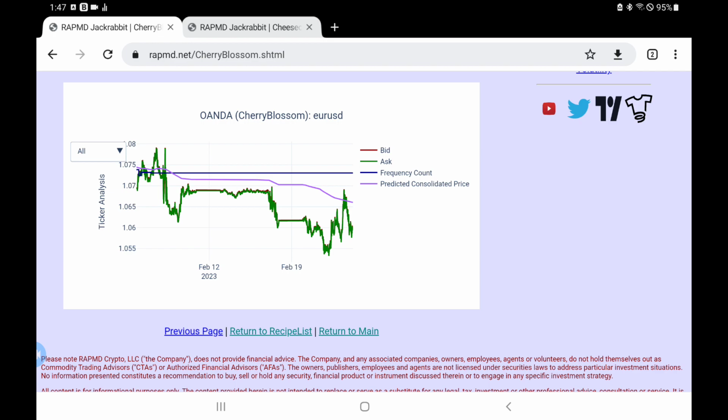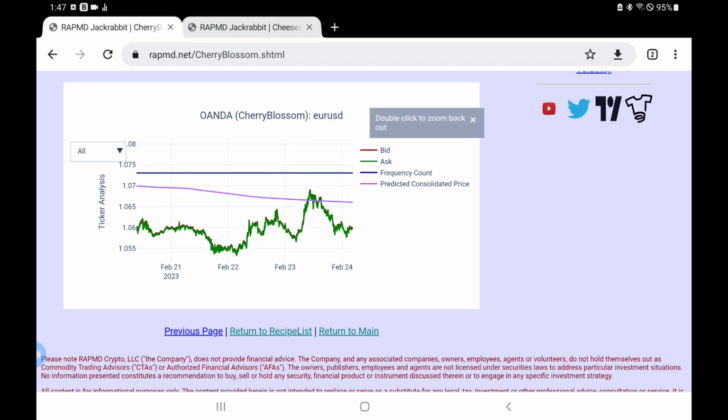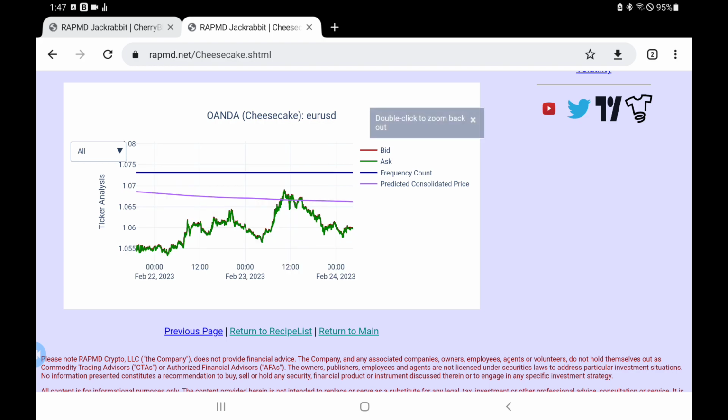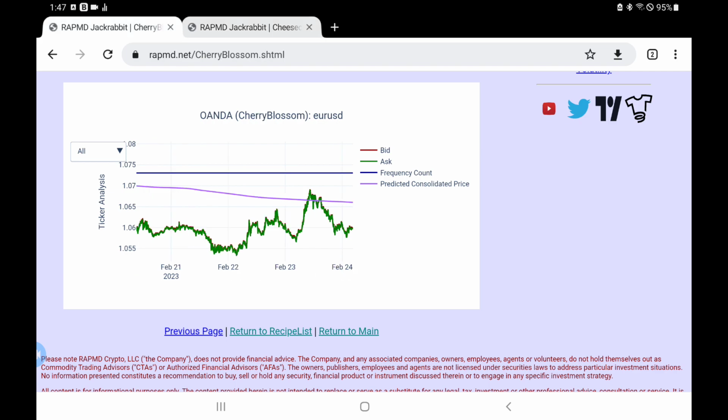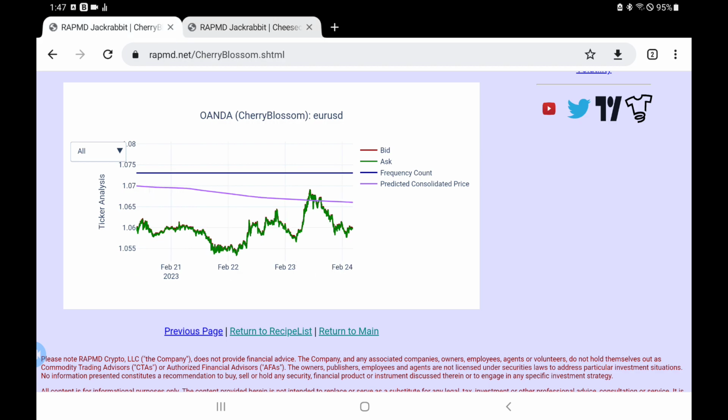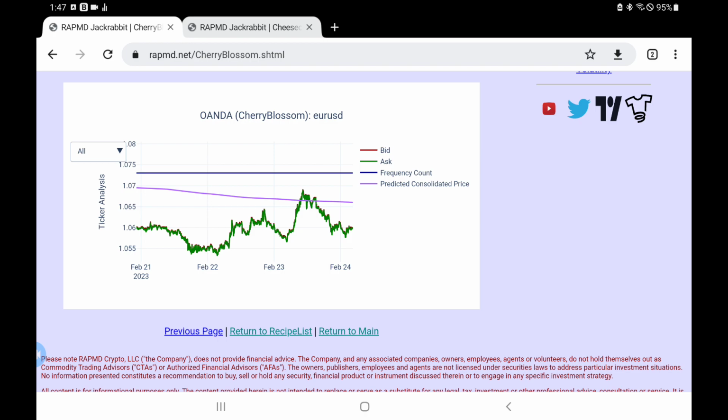So let's start by zooming this in and getting down to the breakdown. Now this chart is only updated once a day because it takes several hours to update because of the amount of data that it is able to pull in. So let's hone this in a little more.